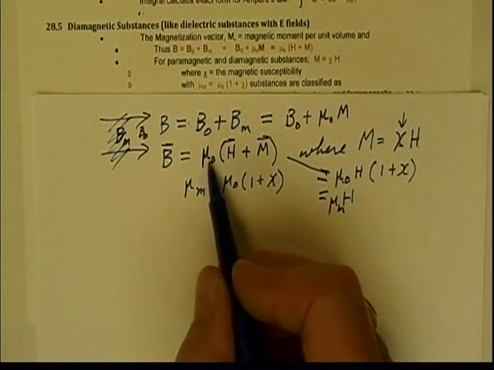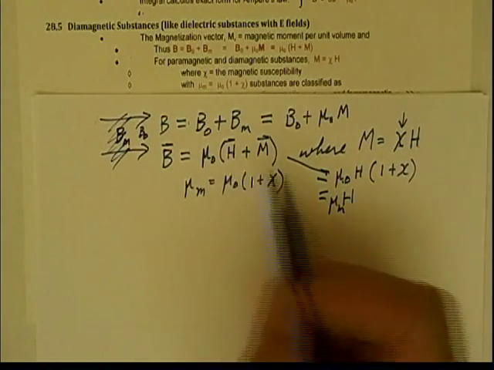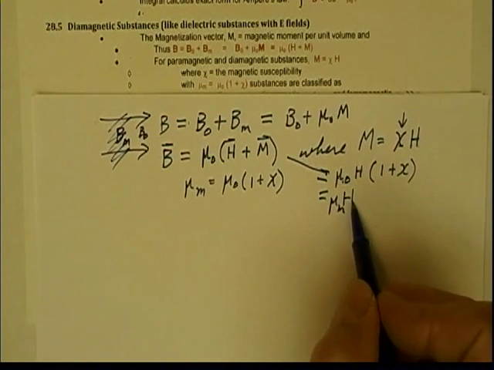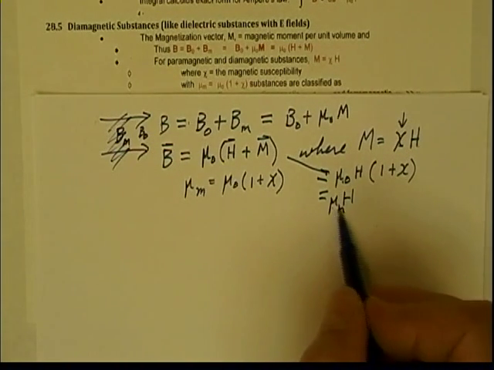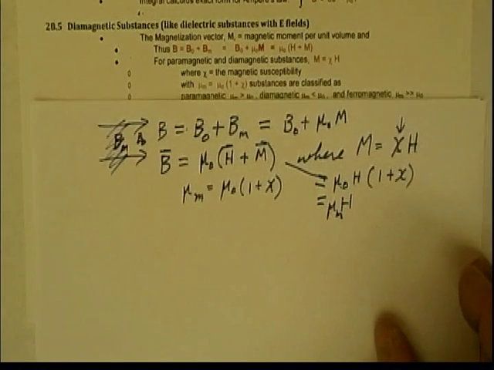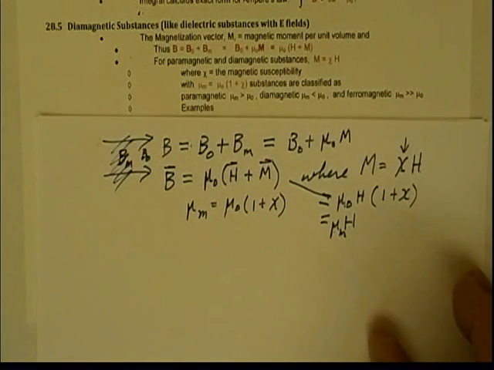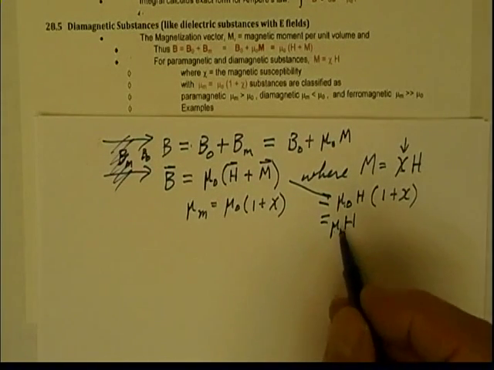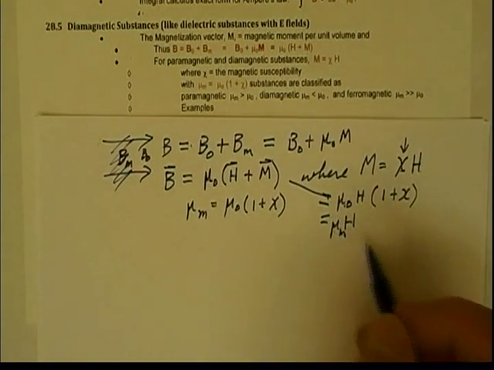Very similar to what we had originally with mu naught times H, it is now mu m times H, where mu m is the permeability of the system.